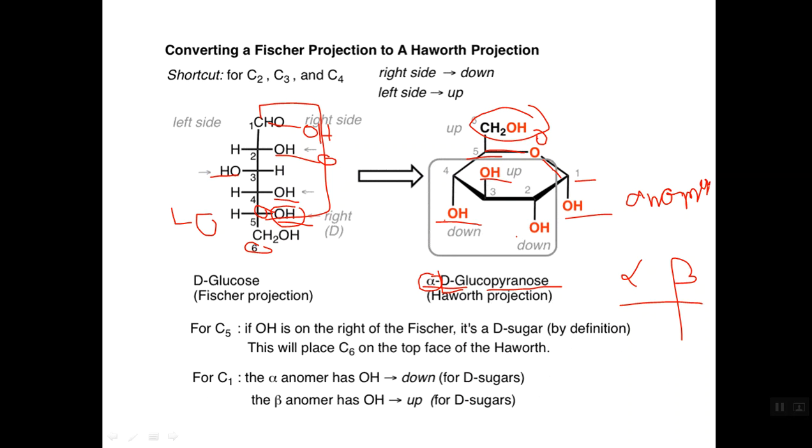At C1 carbon atom, when there is cyclic ring formation between the C1 and C5, we will write OH towards right side or downward of the Haworth, or OH towards left side or upward side of the Haworth structure. Such type of arrangement of the OH on the C1 carbon atom, they are called the anomers.